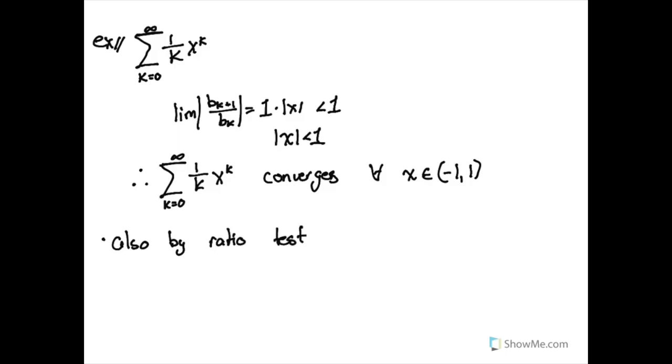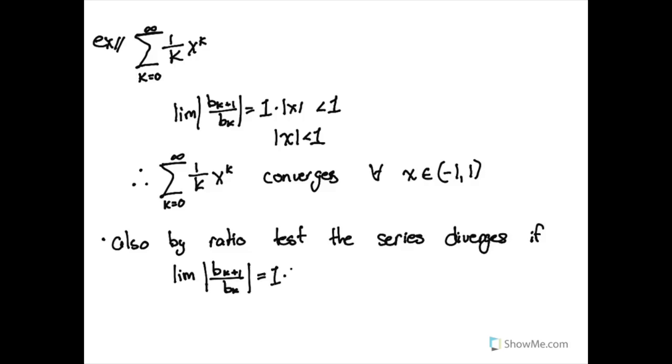Right? And also by the ratio test, we know that the series diverges if the limit of bk plus 1 over bk, which is equal to 1 times absolute x, is greater than 1.